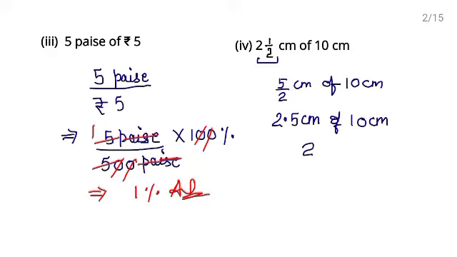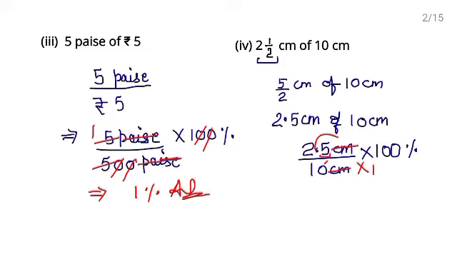Now 2.5 centimeter in the numerator, the denominator is 10 centimeter. They are asking to convert into percentage, so multiply by 100 and put the percent sign. Centimeter and centimeter cancel out, remove the decimal and put 1 in the denominator.